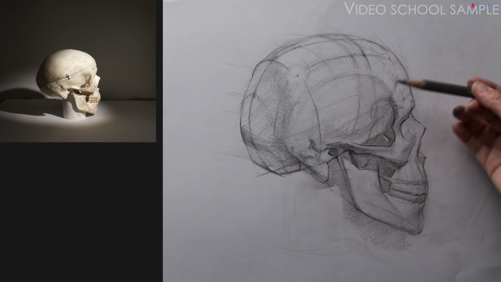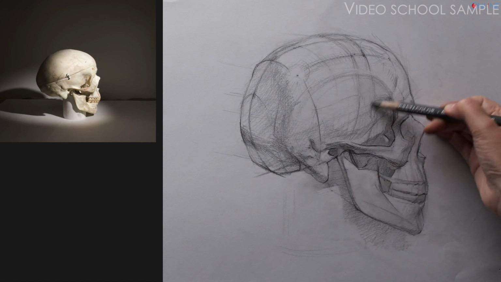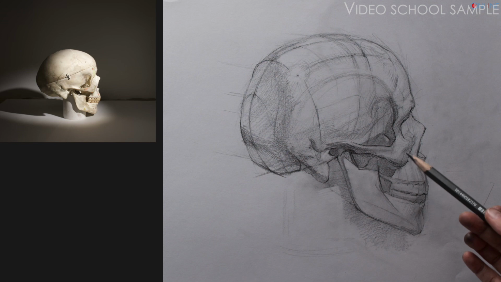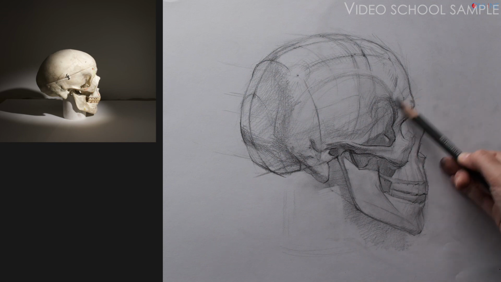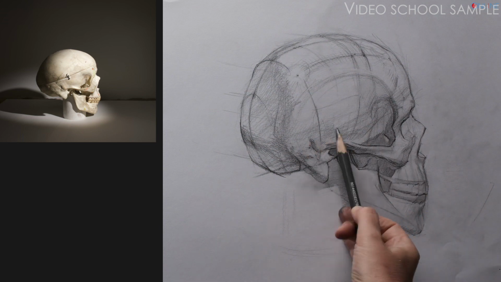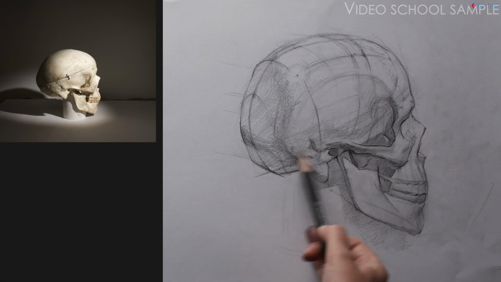And the silhouette inside of the bones here on the upper part of the skull. Showing where the tone goes inside of this plane by adding middle of tone.